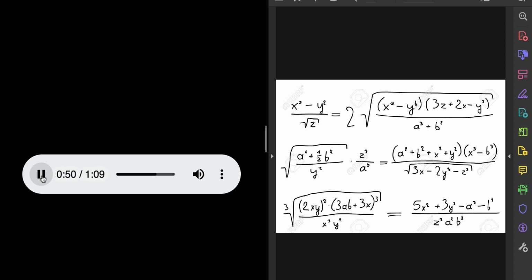Line 3. Blank the cube root of the fraction with numerator open paren 2xy close paren squared times open paren 3ab plus 3x close paren cubed and denominator x cubed y squared equals the fraction with numerator 5x squared plus 3 years squared minus a cubed minus b cubed and denominator z squared a squared b squared. End math.